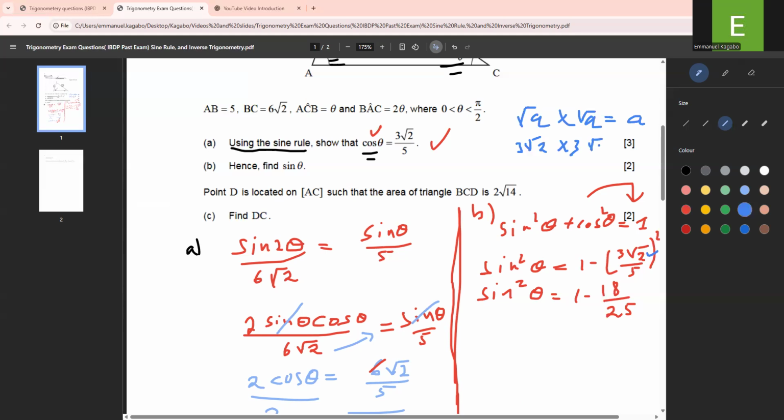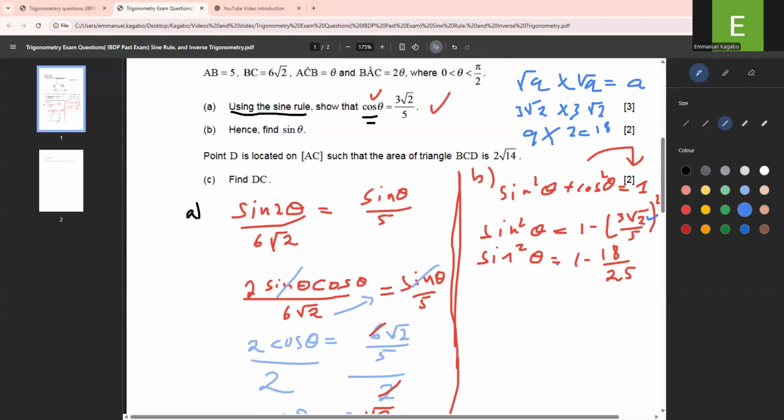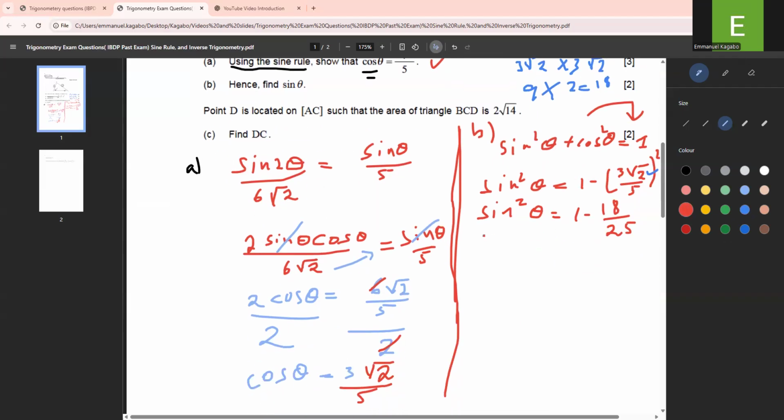This is what I'm doing here, guys. Okay, so which will give me 9 times 2, which gives me 18, right? Okay, very good. Now, so what do I get? I'll get sine squared theta equals, find the LCM here, guys, so 25 minus 18, right? Okay, very good. Over 25.